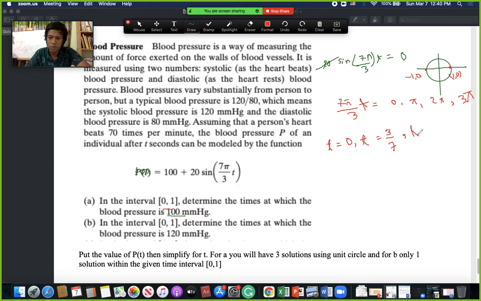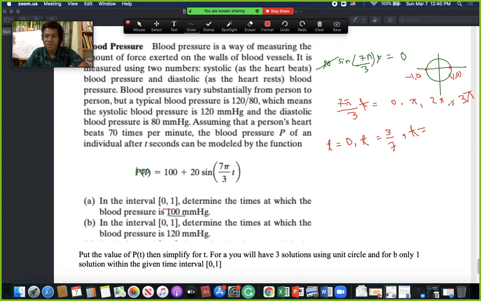Then another value, when it is 2 pi, we have 2 into 3. So t equals to this one.